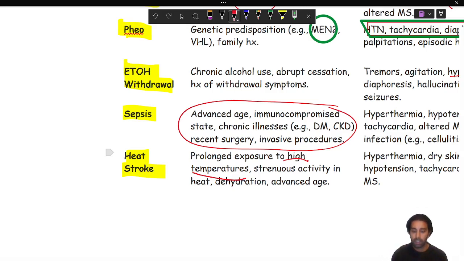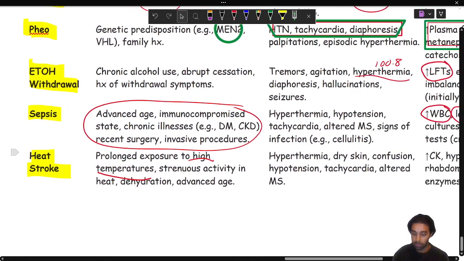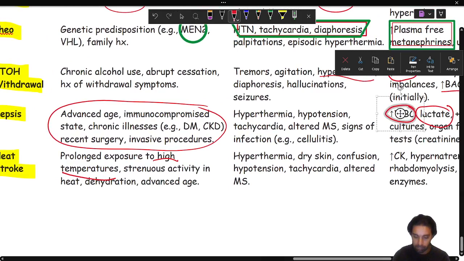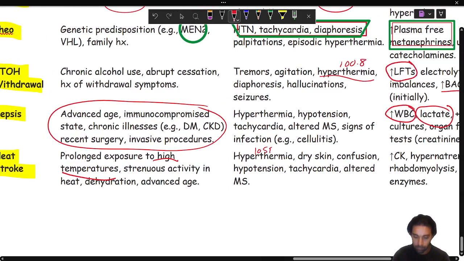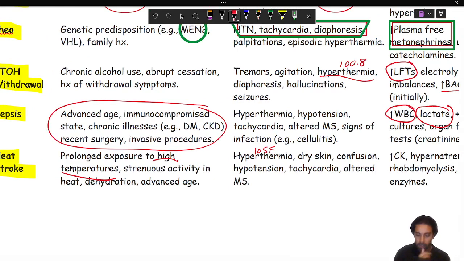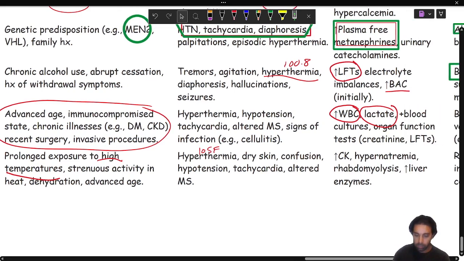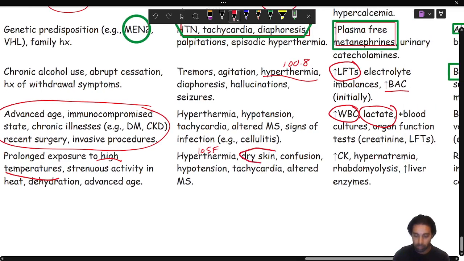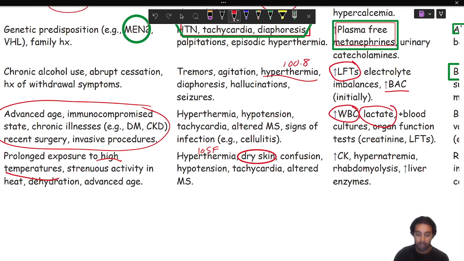So heat stroke, they're going to have fevers that are super high. They're going to have like 105, I would think, Fahrenheit. Okay. So they're also going to have dry skin. This is very important. They're also going to be confused and they may be hypotensive. Okay.